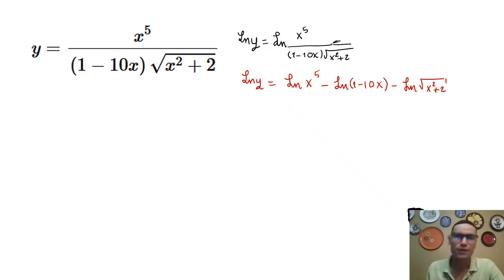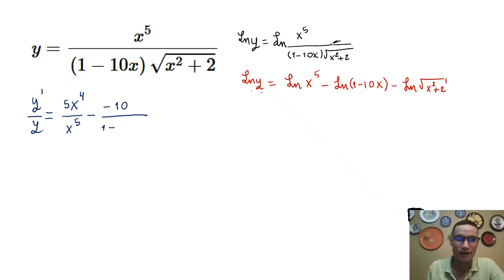Okay, and that's it. Now we differentiate everything. We get y prime divided by y is equal to 5 times x to the power of 4 divided by x to the power of 5, minus, we get minus 10 divided by 1 minus 10x.